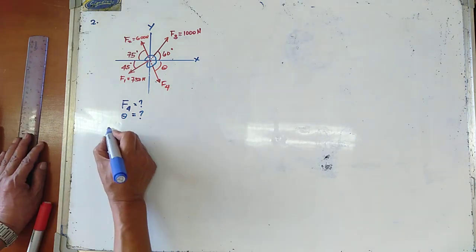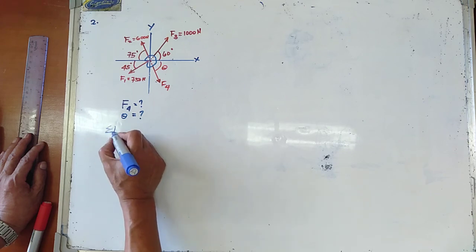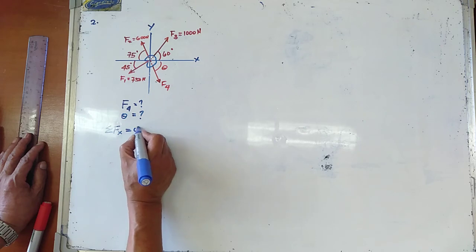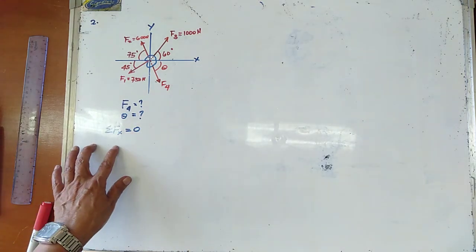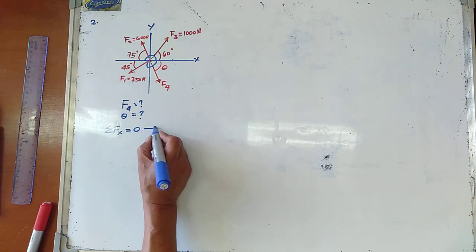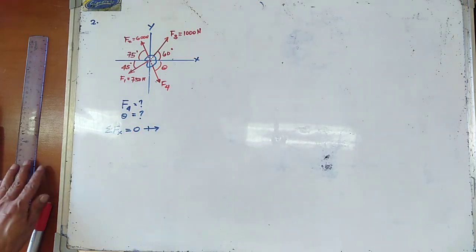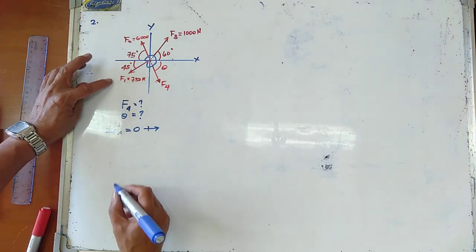Now, let's try to sum up forces along the x-axis and equate that to 0. So that is our equilibrium equation. Summation of forces along the x-axis is equal to 0. Again, to the right forces, positive. So let's start with F1.